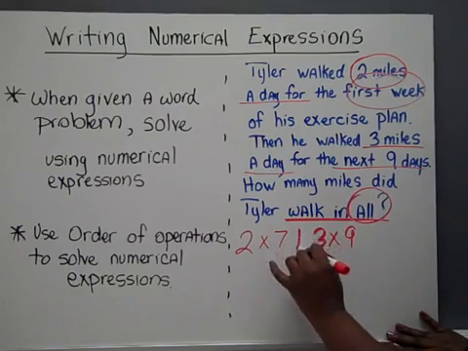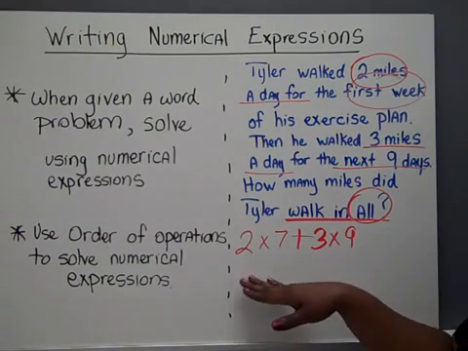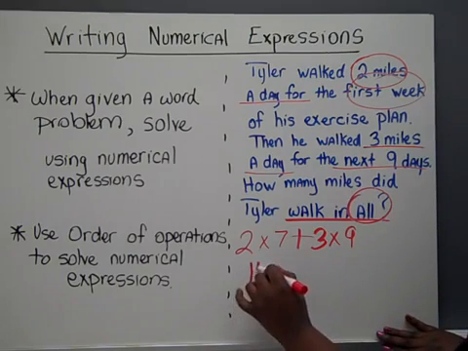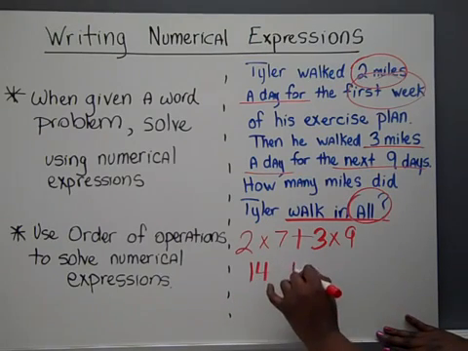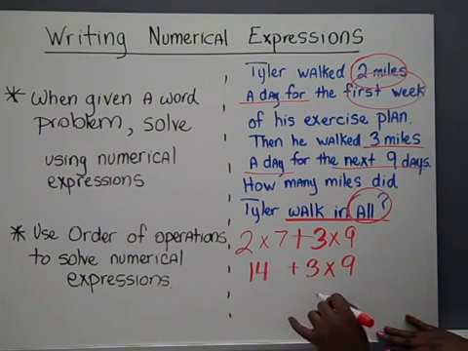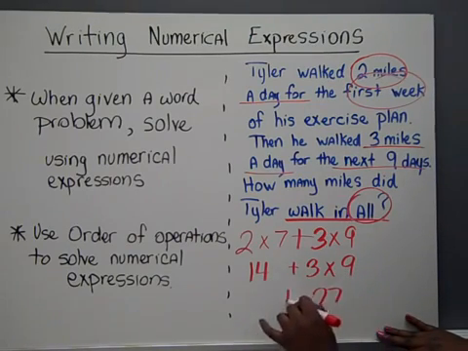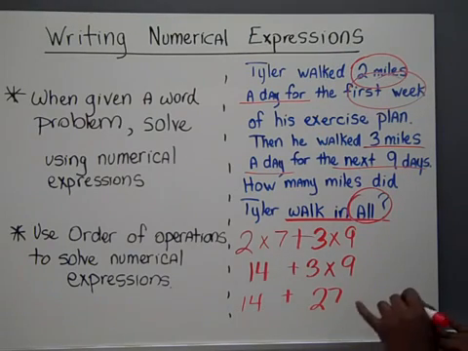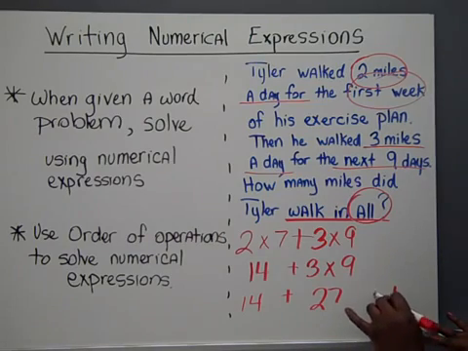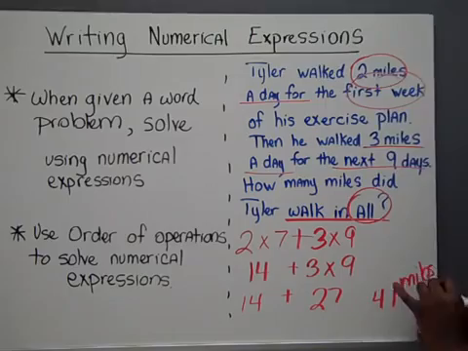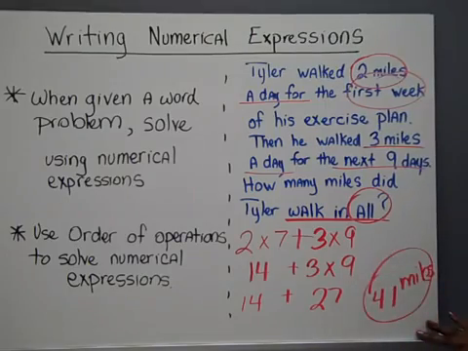Remember, in all means we're going to add the first week and the 9 days distance. Using your order of operations, you would multiply first, copy the rest of the problem, multiply again, copy the rest of the problem, and you would see he walked a total of 41 miles.